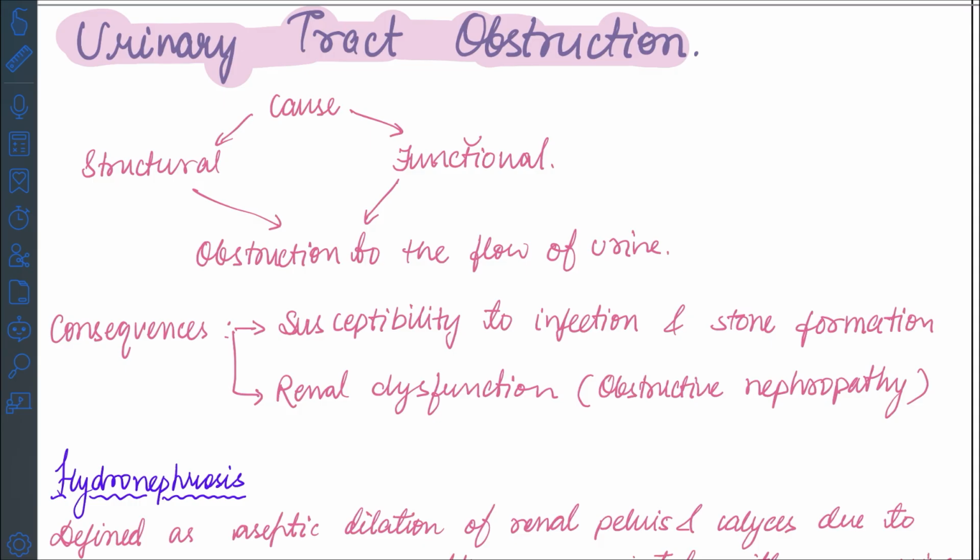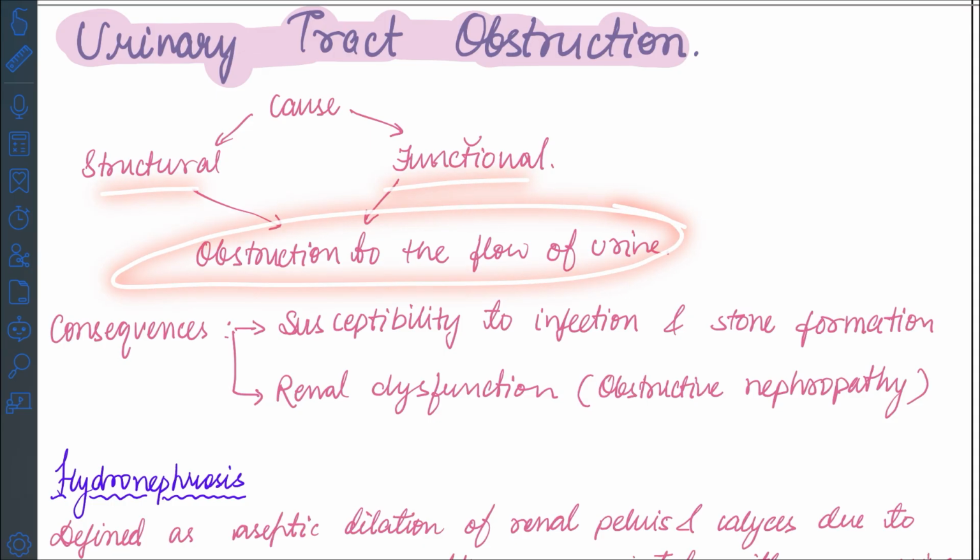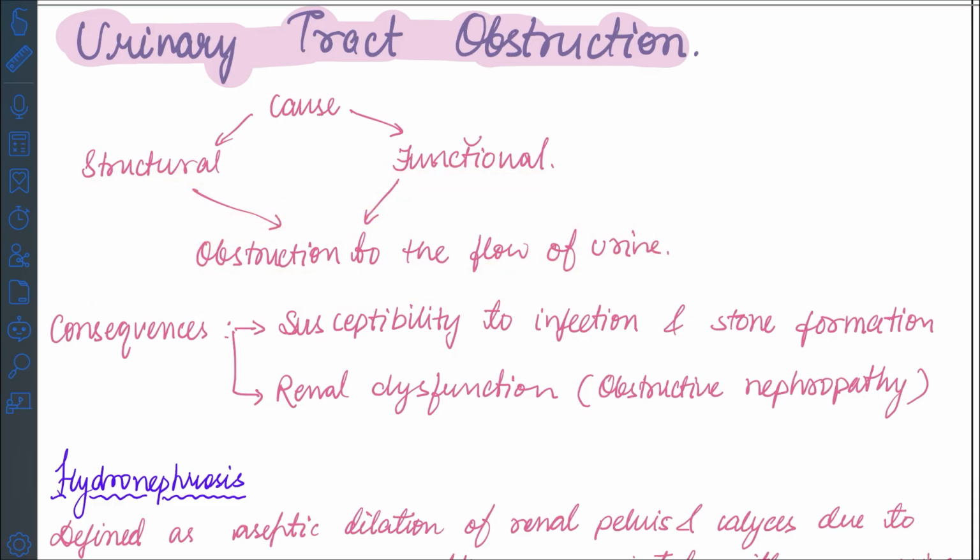Now we'll discuss urinary tract obstruction. It can be anywhere in the urinary tract. The major cause of this obstruction can be either structural or functional. Both of them lead to obstruction in the flow of urine. What are the consequences? One consequence which we may expect is infection.